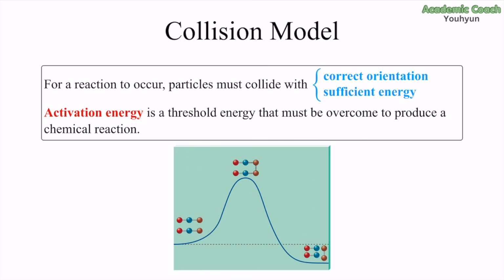But if the collision is very, very light and particles or atoms or ions do not collide with each other with enough energy, then eventually the old bonds cannot be broken and new bonds cannot be formed. Then exactly how much energy is required? That depends on the activation energy for that specific chemical reaction. So, activation energy is a threshold energy that must be overcome to produce a chemical reaction.